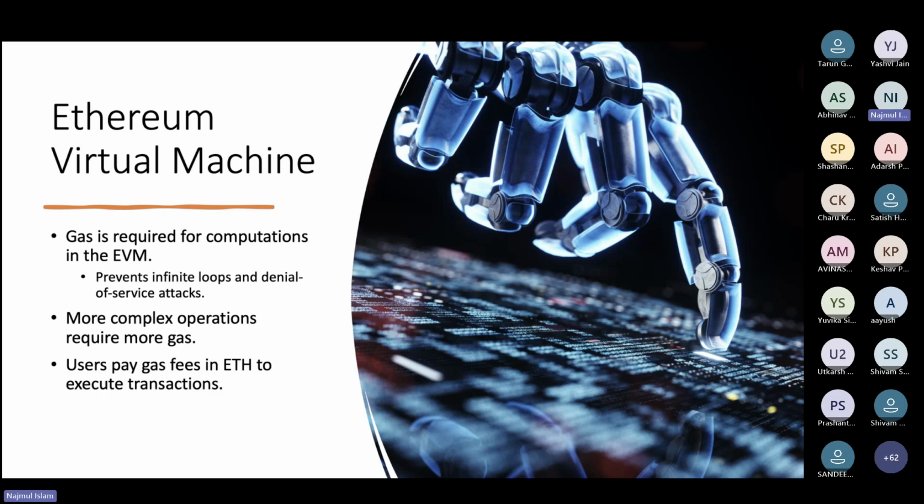And how do you pay for the gas? Users pay gas fees in Ether to execute the transactions. For instance, you can think that for each function or each instruction in the smart contract, you need to pay for gas.